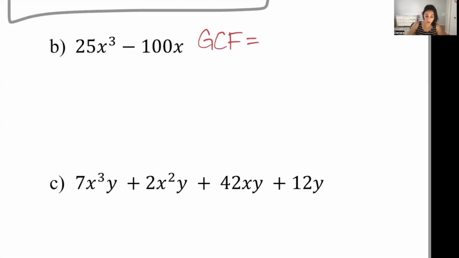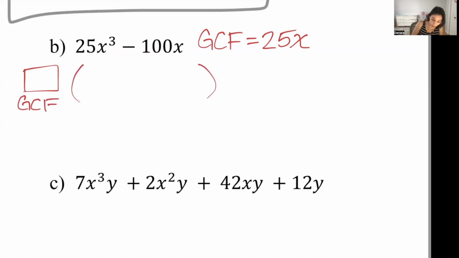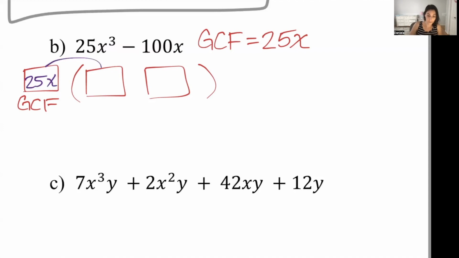That should be the first thing on your mind. So as I said, they're both divisible by 25, and they both have at least 1x, okay? So again, the GCF method, the GCF always goes outside the parentheses. There's 2 terms, so I'm going to put 2 boxes. So that should be 25x. So 25x times what gives me 25x to the 3rd?